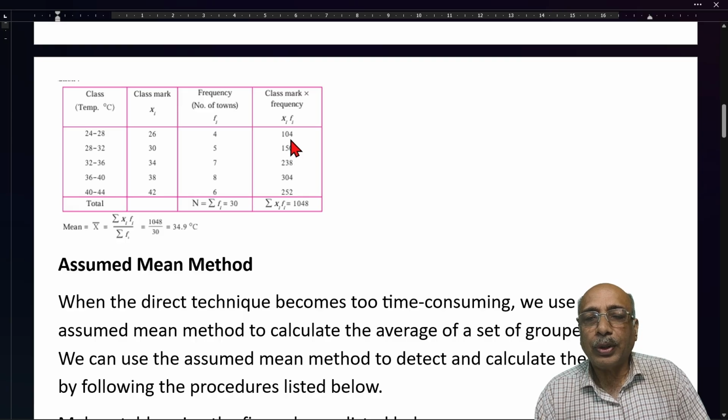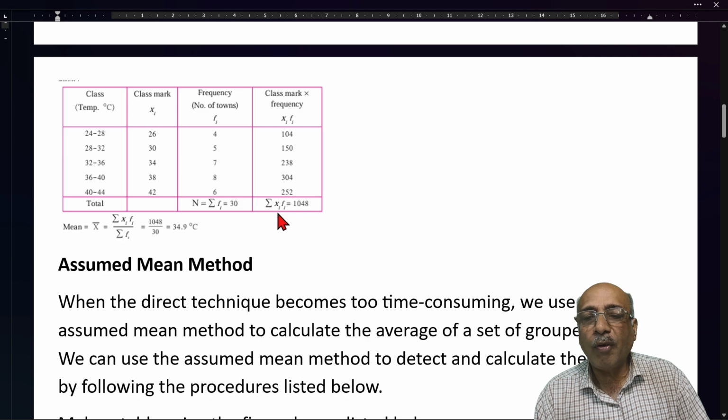So you have to calculate fi into xi as 4 into 26 equals 104 for this problem, 5 into 30 equals 150, and so on. The total of frequency is taken as n. Earlier we used to take it as n only. Then the sum of fi also is taken, equals 30.